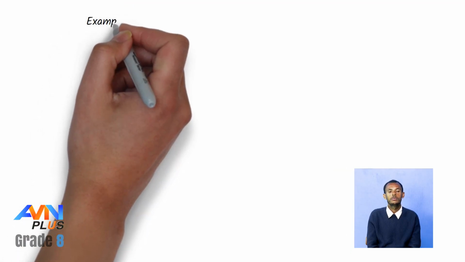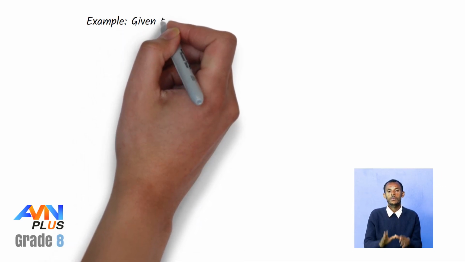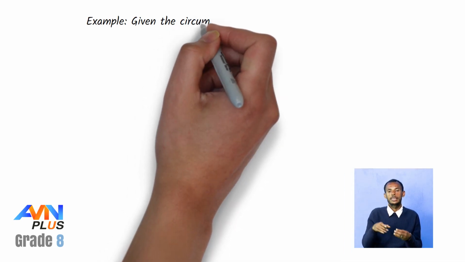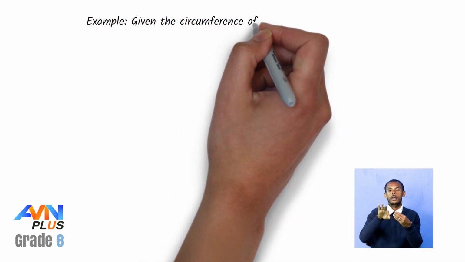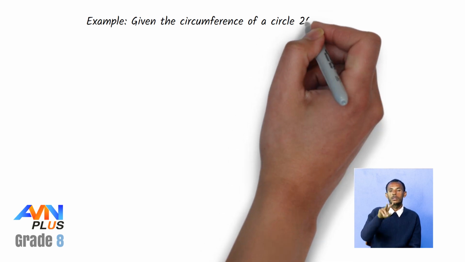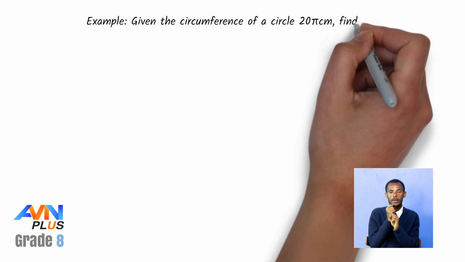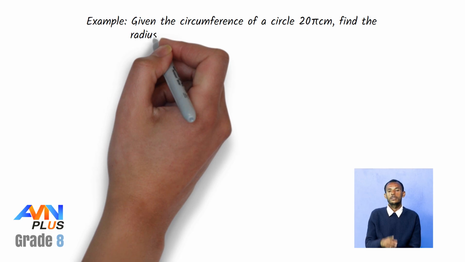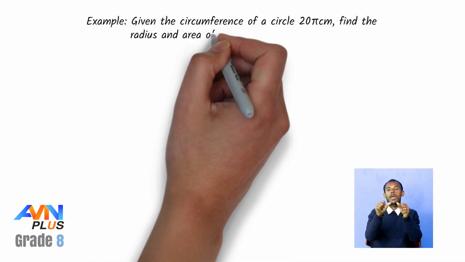In the second example, given the circumference of a circle 20 pi centimeter. Find the radius and area of a circle.